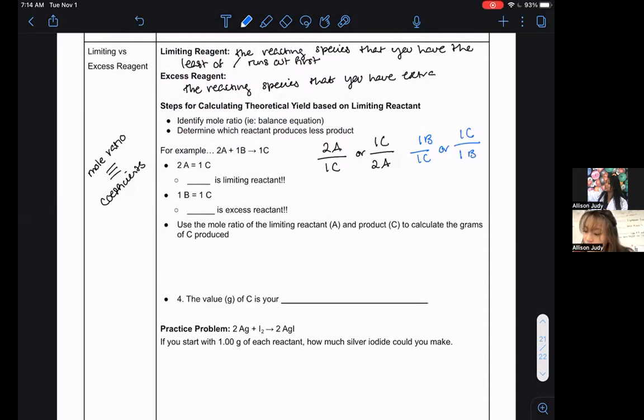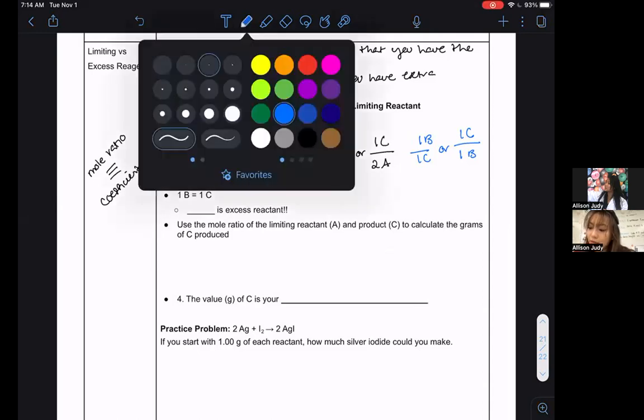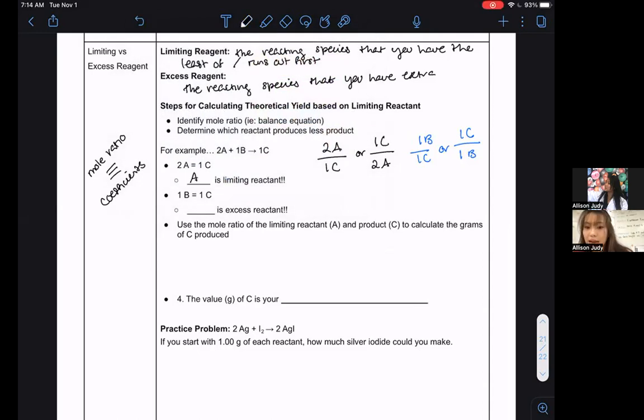Now, just based off of the recipe, not even looking at what we actually have in stock, we would probably say that the slices of bread are our limiting reactant or limiting reagent, the one we're most likely going to run out of first, because I need 2 of it to produce 1. Whereas the bologna, the B, depending on what's in stock, would most likely be the reagent that we have in excess.